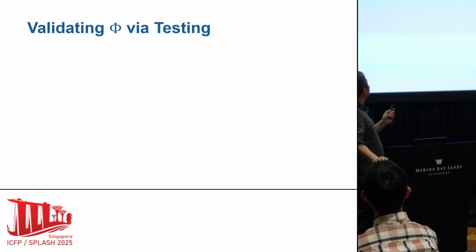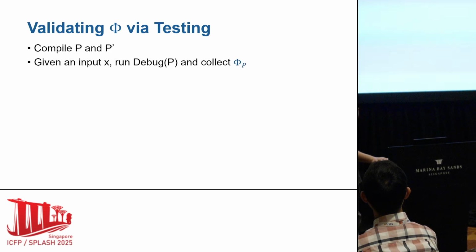So how do we check this property in the existing approaches? Usually we can validate this property via testing. In this case, the approach is pretty straightforward. You have two programs, the unoptimized program P and the corresponding optimized counterpart P prime. And you can generate a random input and run your binary in a debugger. And then you can set breakpoints in different locations in program P, and observe whether or not you can stop at a certain line in your debugger.